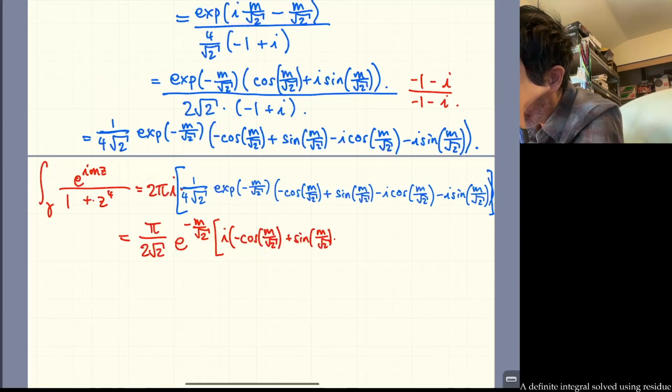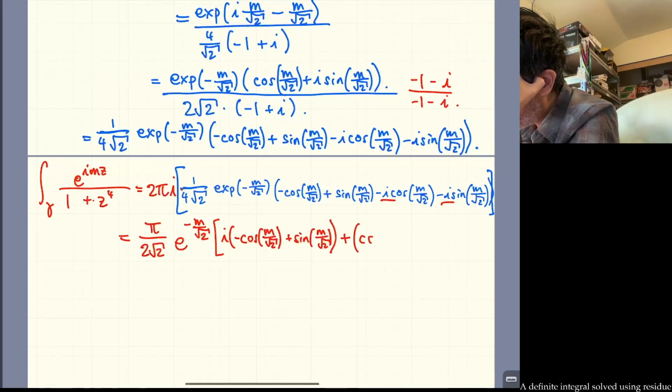Okay, that's good. And then the i and this minus i that we see here and there, they get married and become a plus. Cosine m over root 2 plus sine of m over root 2.